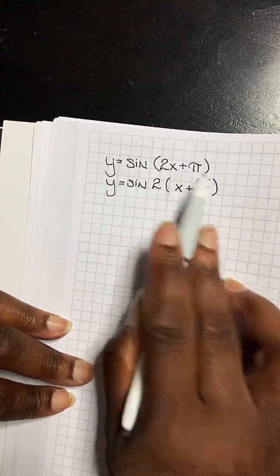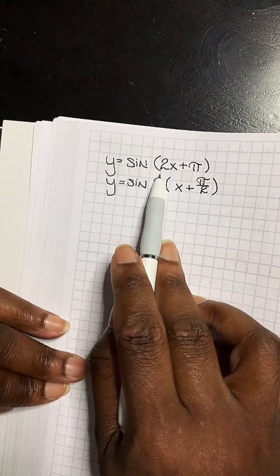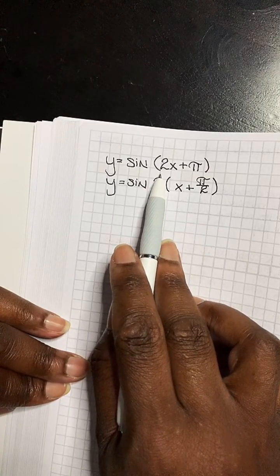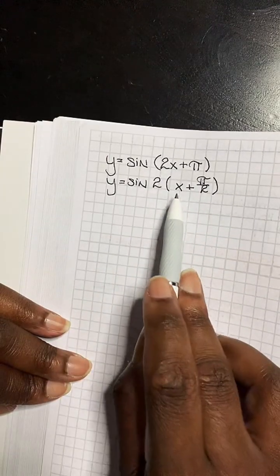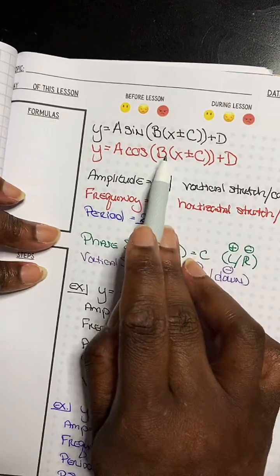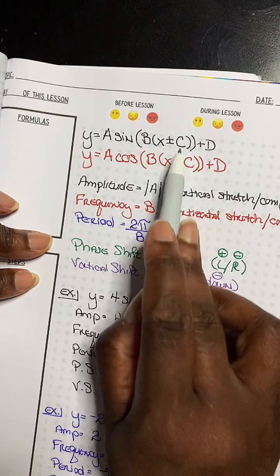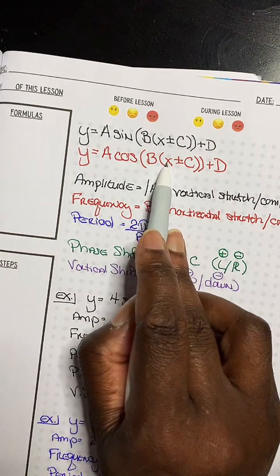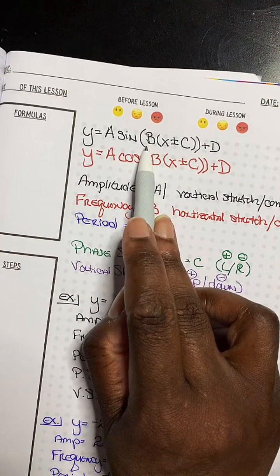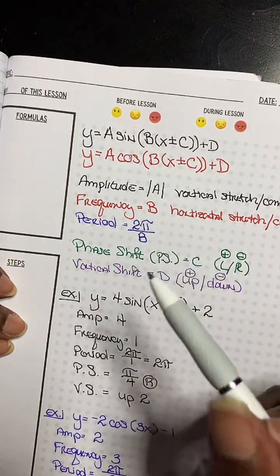When there's an expression and you have a leading coefficient that's not 1, okay, most of the times it's going to be more than 1, you need to factor out that term. Okay, it has to be a single, because if you look at the general form, notice inside the parenthesis we have x plus or minus a c. Notice that b is not with that x. So if it is a number that's larger than 1, we got to factor that bad boy out.